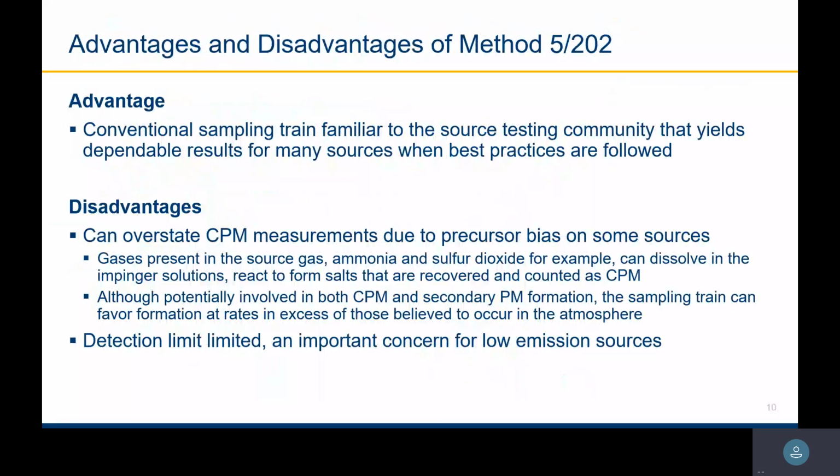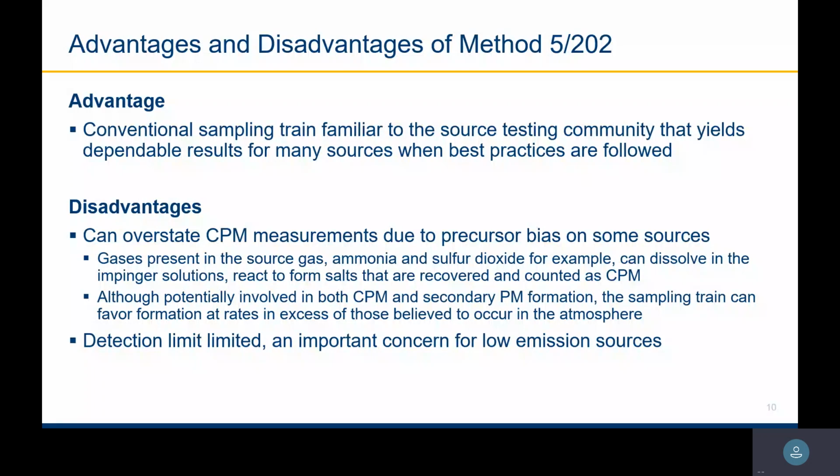Some of the sources now have permitted limits that are very, very low, and any small error in the CPM measurement with Method 202, or any of the precursor bias we're talking about with the formation of compounds you're not interested in, may bias it enough that you're over your limits.